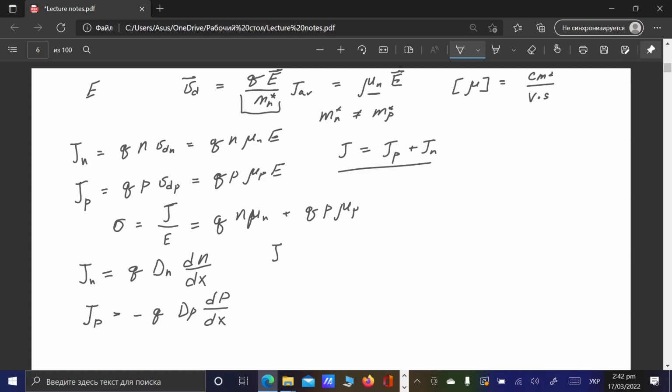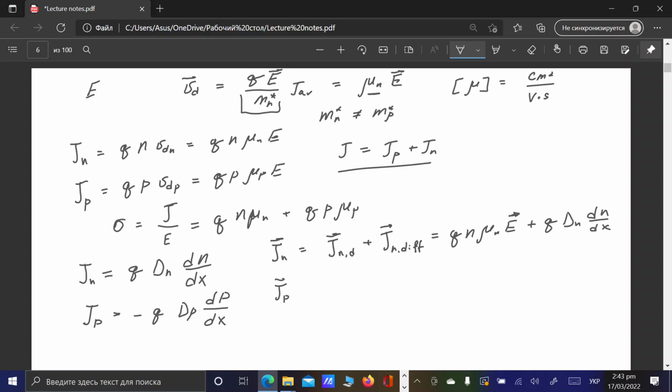I can write it in a vector form also. Total electron current in semiconductor material is equal to drift current carried by electrons plus diffusion current, also electrons, and that will be equal to q times n times mu n times electric field vector plus q times Dn times dn over dx.